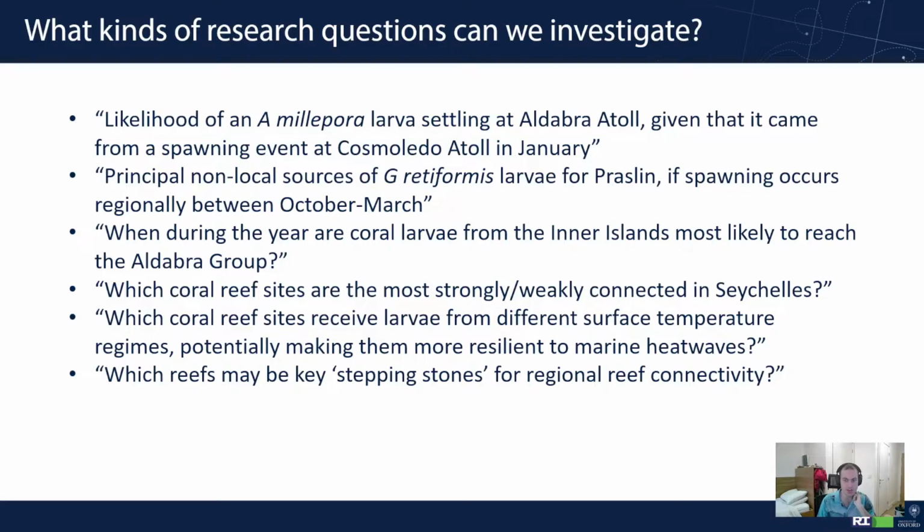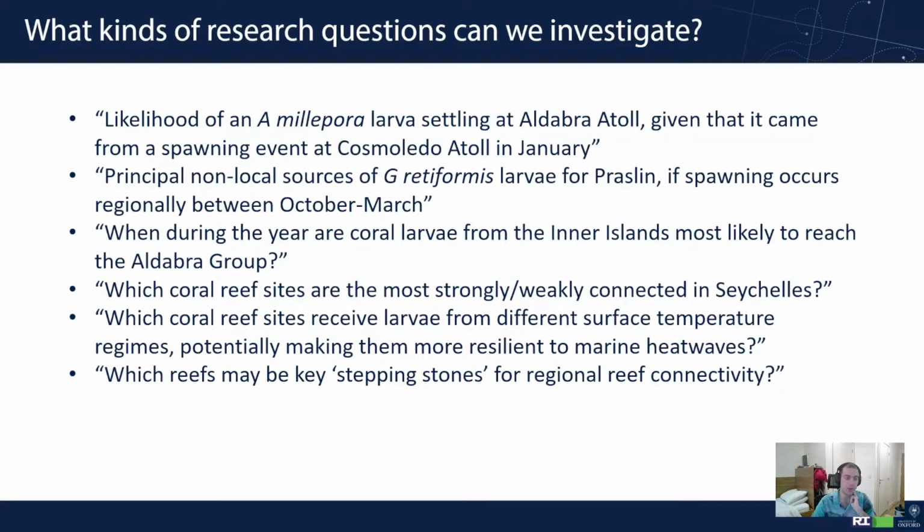Whereas if you're a really weakly connected reef, you might struggle to recover because you're not receiving many larvae from other reefs, and therefore it's going to be much harder for corals to re-establish themselves in that location. So we can identify, on whatever scale you're interested in, which reef sites are potentially more strongly and more weakly connected.